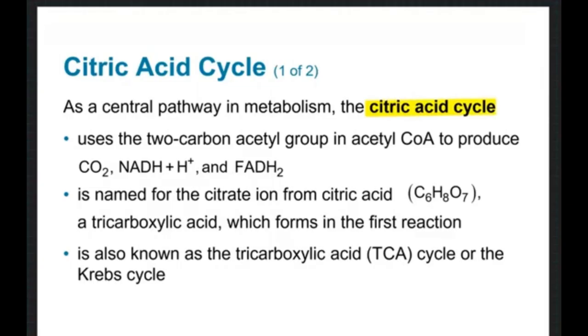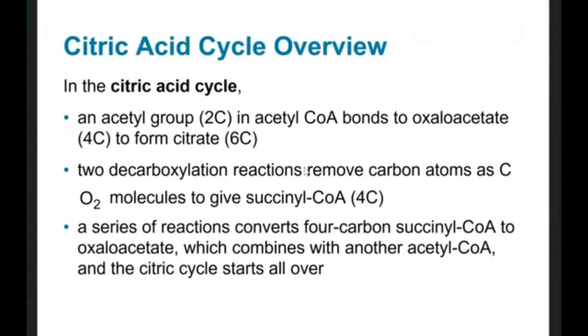So effectively, the 2-carbon acetyl group that comes from acetyl-CoA is oxidized, generating carbon dioxide, NADH, and FADH2. Okay? This cycle has 2 other names, tricarboxylic acid cycle and Krebs cycle, named for Hans Krebs, who discovered it.